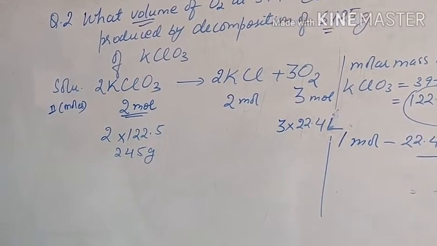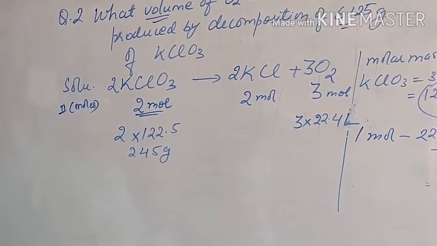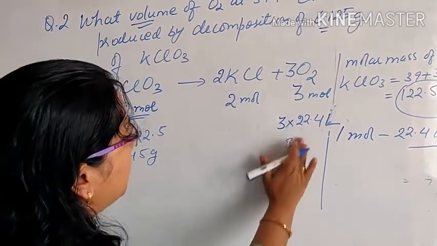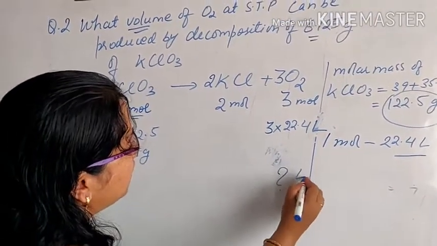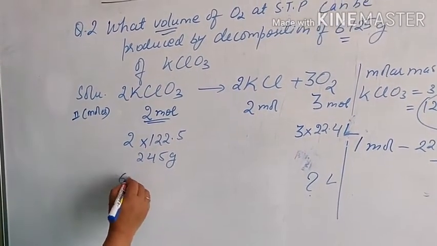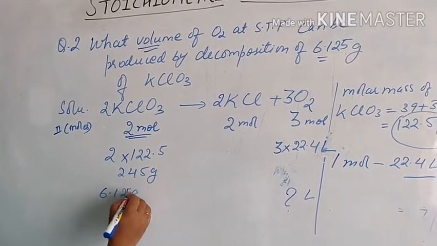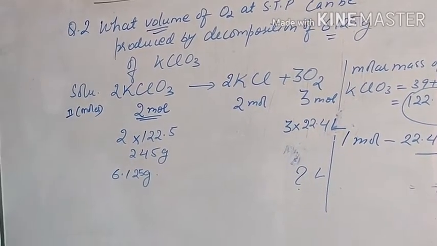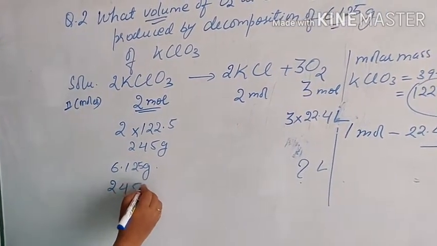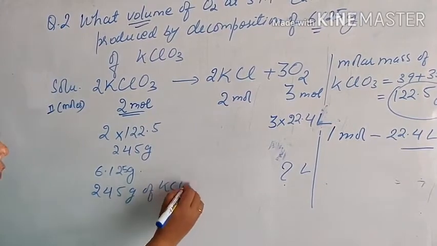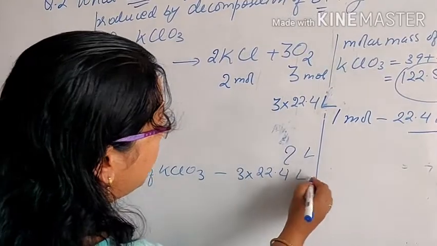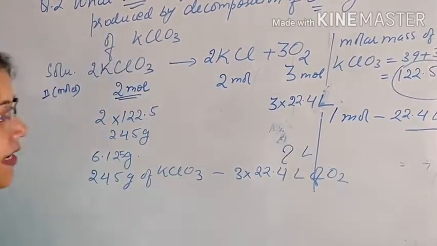Now we can apply the unitary method for calculating the number of liters of oxygen produced when 6.125 gram of KClO3 decomposes. So according to the balanced chemical equation, 245 gram of KClO3 produces 3 into 22.4 liter of oxygen gas at STP.